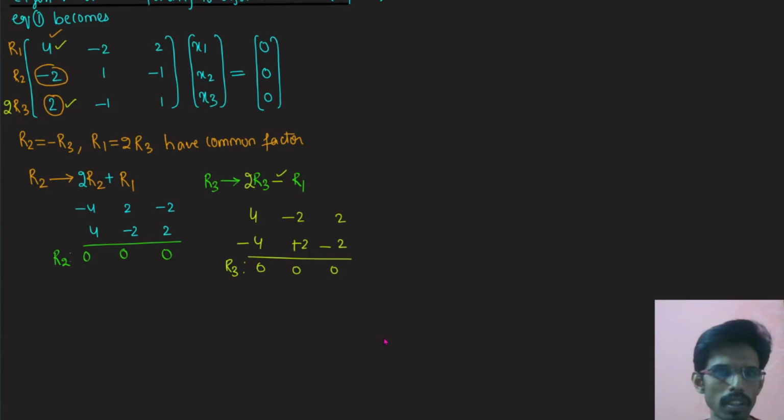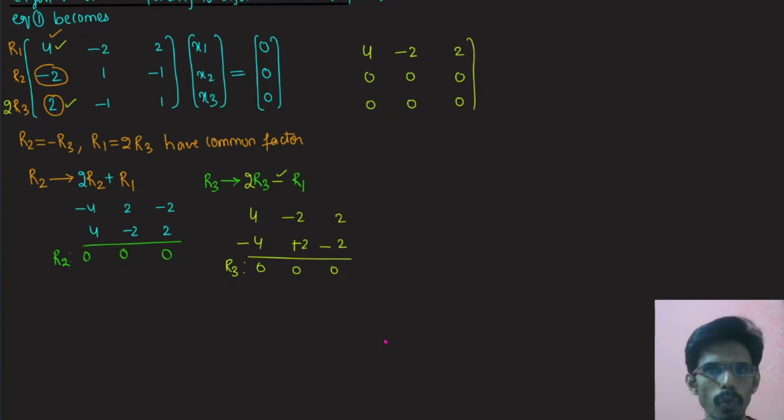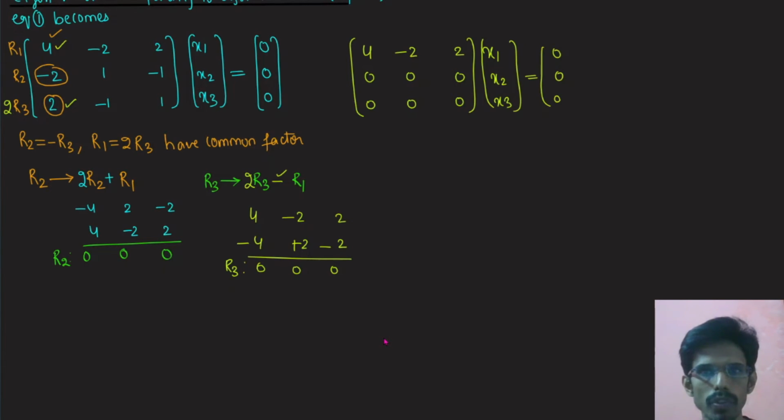So this system of equations will now become 4, minus 2, 2. Row 2 is 0, 0, 0. Row 3 is also 0, 0, 0. So we got this matrix. Here we have x1, x2, x3 equal to the null matrix 0, 0, 0.